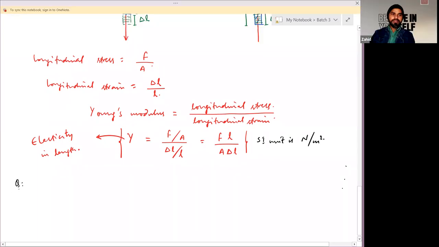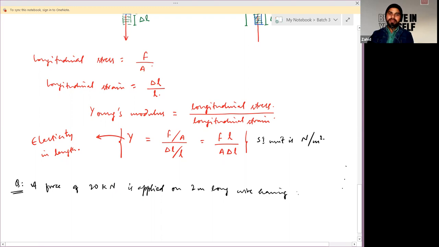Okay, I'm giving you a question related to this. A force of 20 kilonewton is applied on a 2-meter long wire having cross section 4 mm squared.